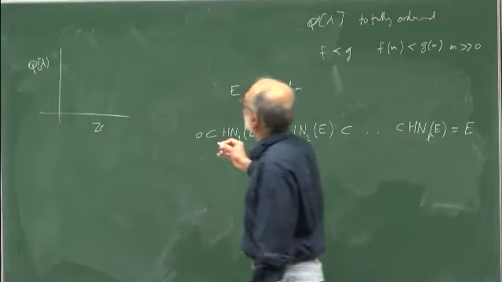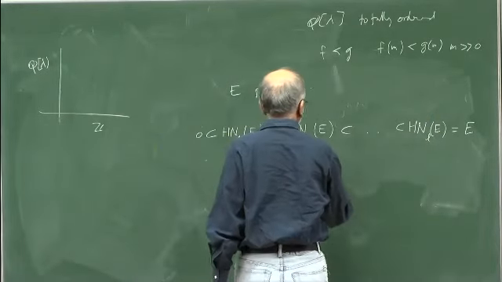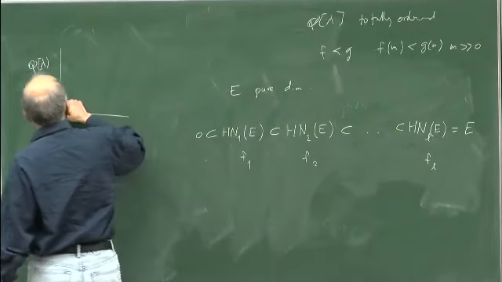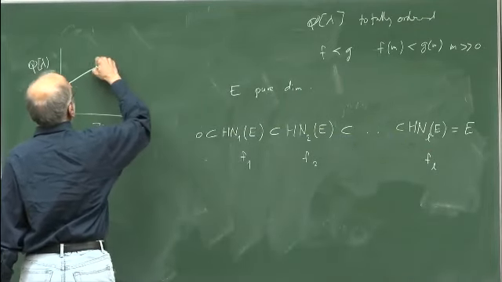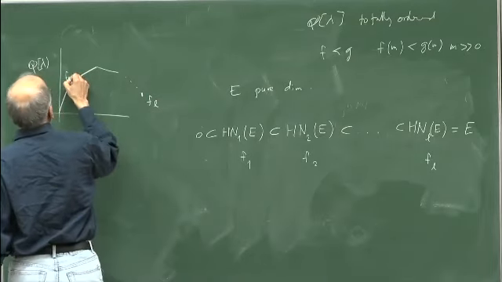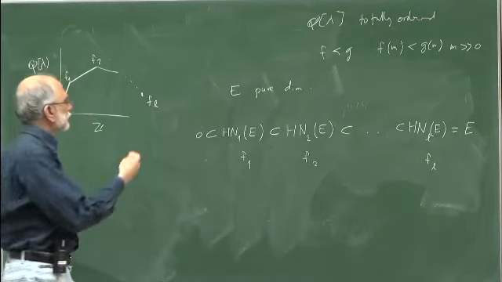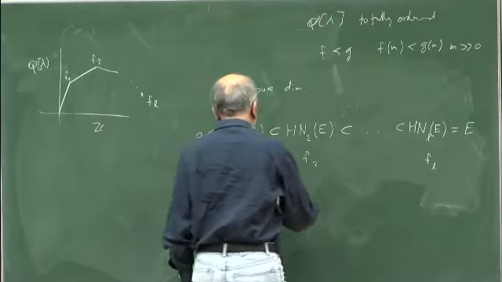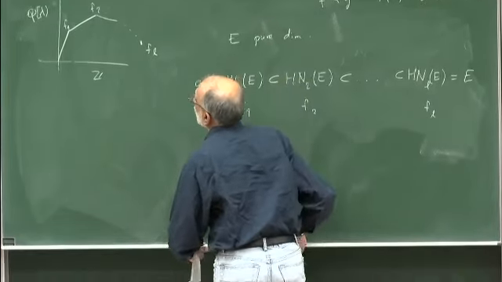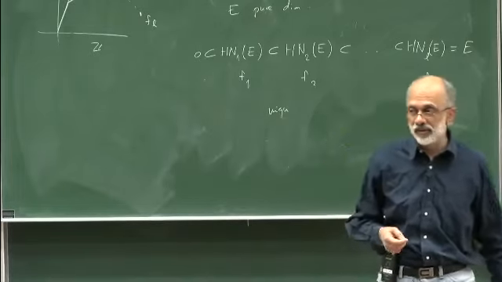So, if the Hilbert polynomials are f_1, f_2, up to f_l, a picture of this kind is usually drawn. Such a filtration is unique, and semistable means the length l is just 1.